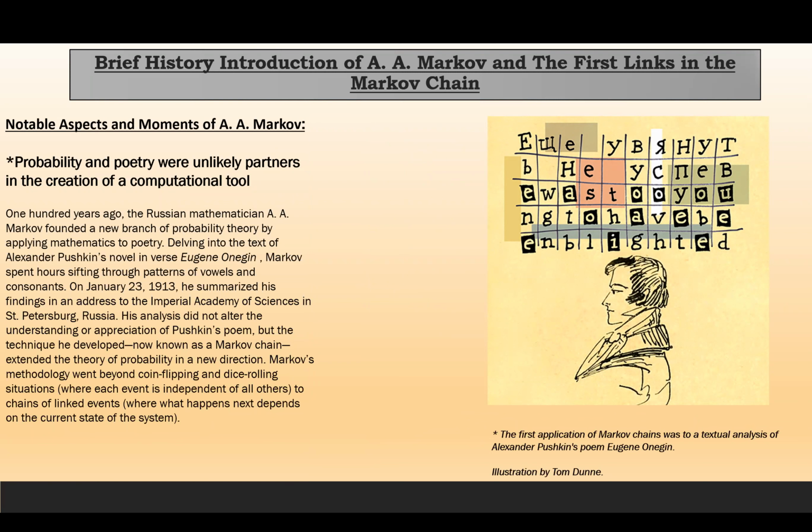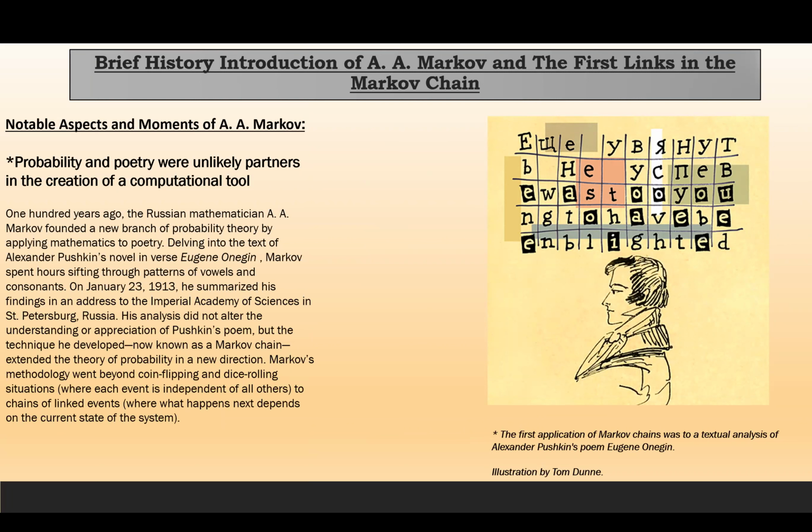However, over 100 years ago, the Russian mathematician Markov founded a new branch of probability theory by applying mathematics to poetry. Delving into the text of Alexander Pushkin's novel in verse Eugene Onegin, Markov spent hours sifting through patterns of vowels and consonants.